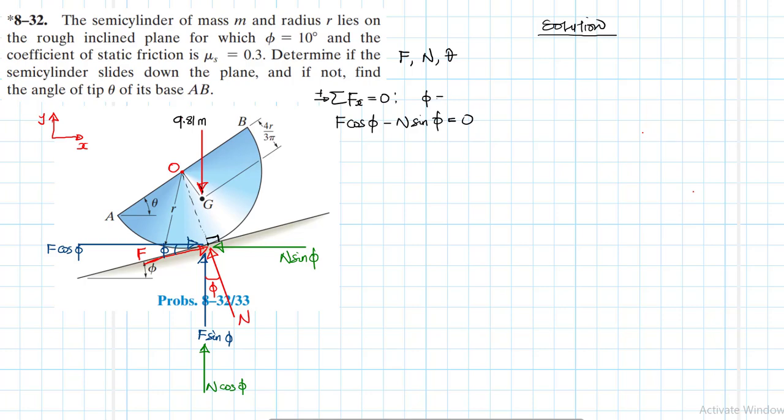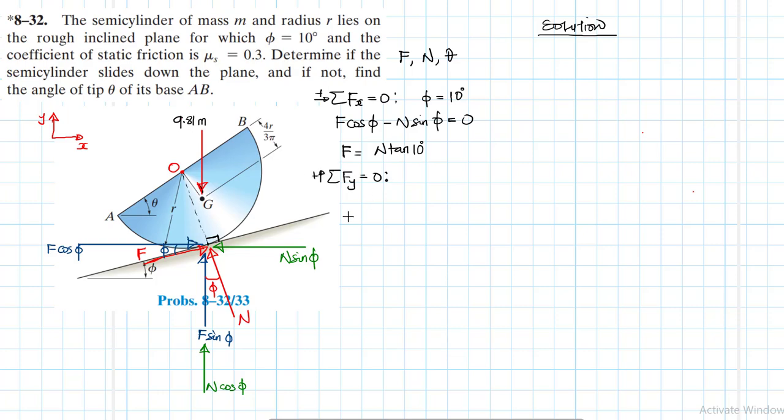Given that phi is equal to 10 degrees, therefore F equals N tan 10 degrees. Can we write it like that? Then we have summation of forces in the y direction equal to 0.